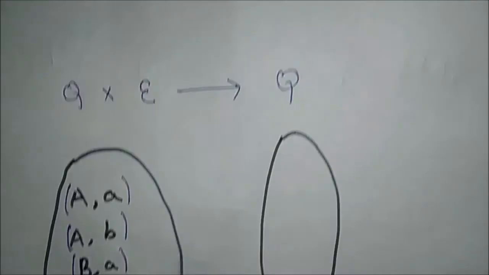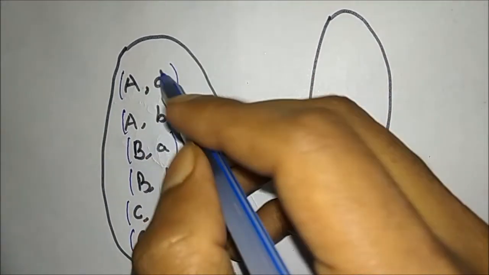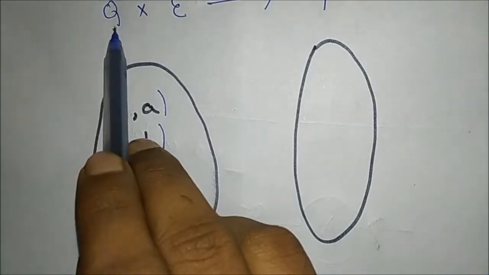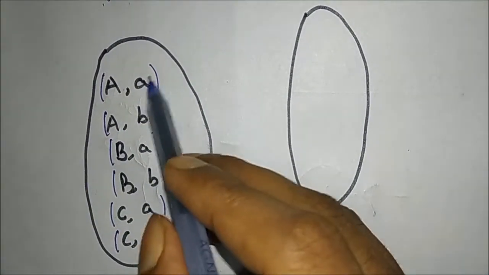We will do the mapping here. After Q cross input alphabet, we have got these states.